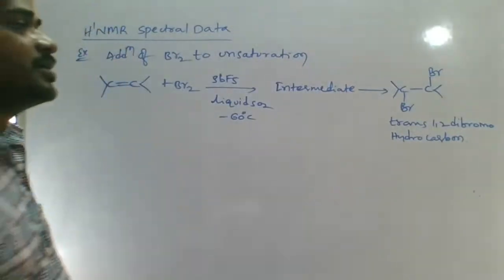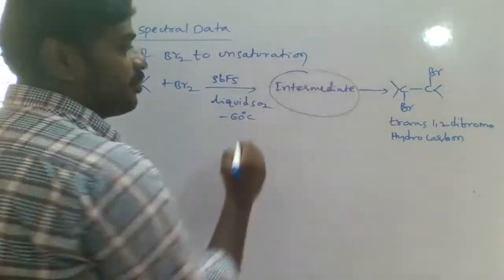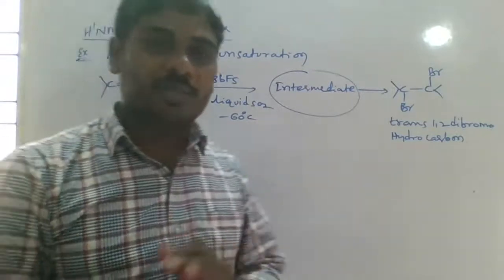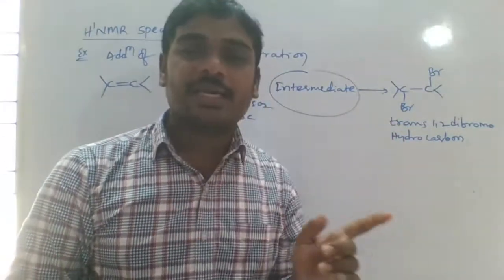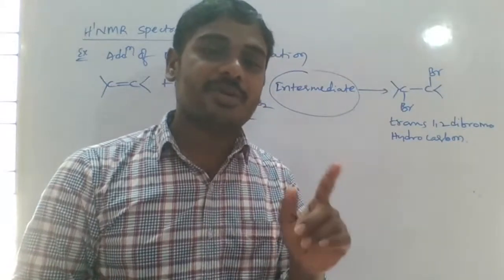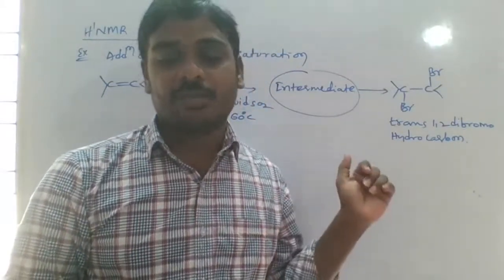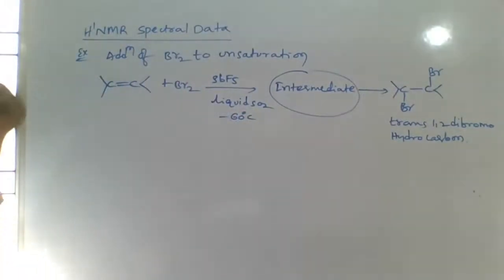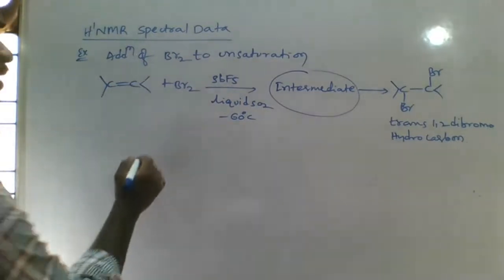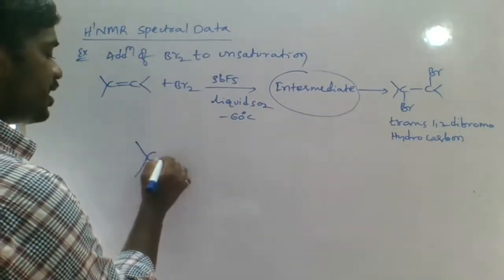So how many intermediates are possible here? Two intermediates are possible, but really only one intermediate is formed, which can be evidenced by H1 NMR study. One is the carbocation intermediate, already discussed.